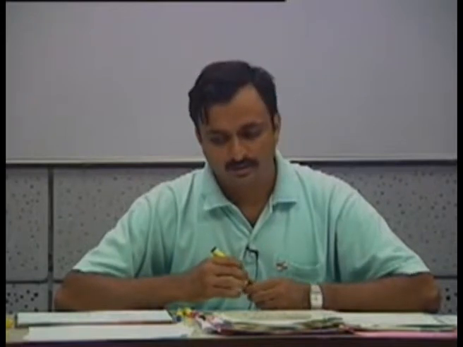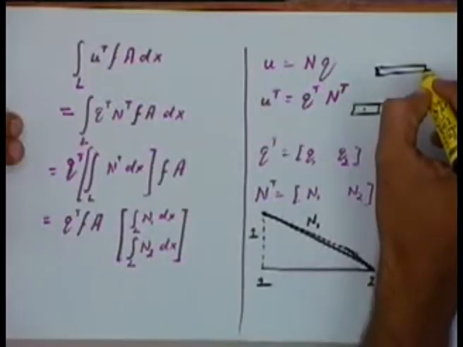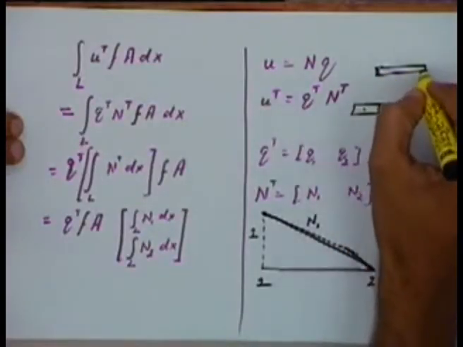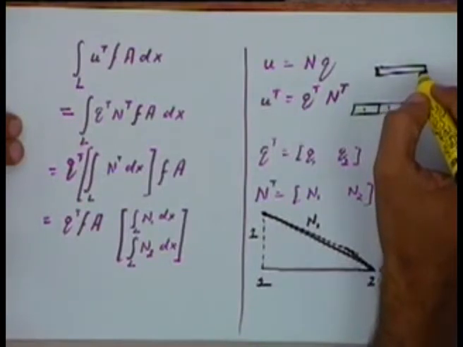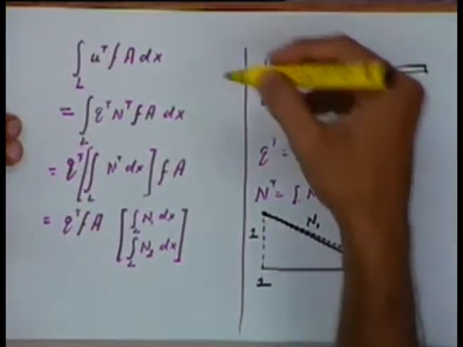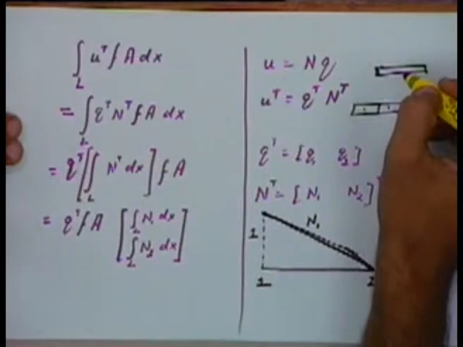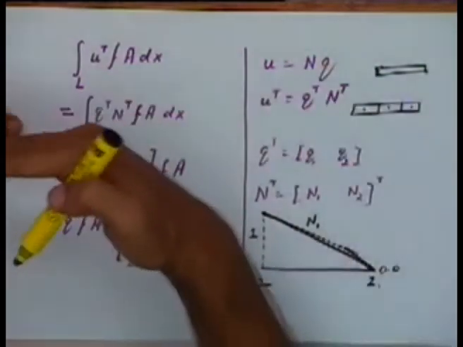See, what we'll do is we'll take this individual element. Within this element, whatever variation that we assume, we will find out our equations corresponding to that. But variation over elements, that will not be taken care of.